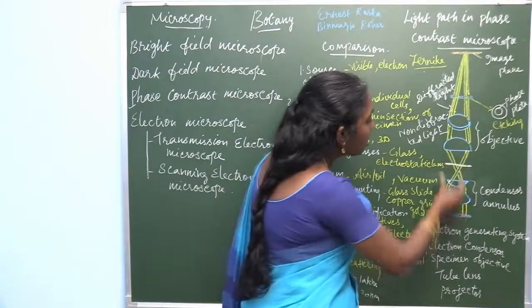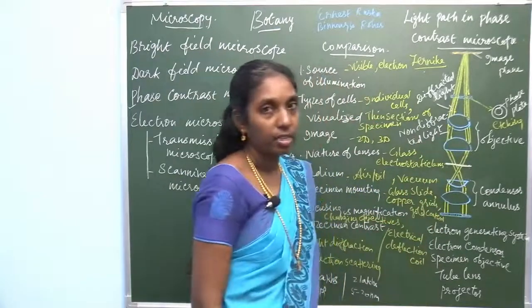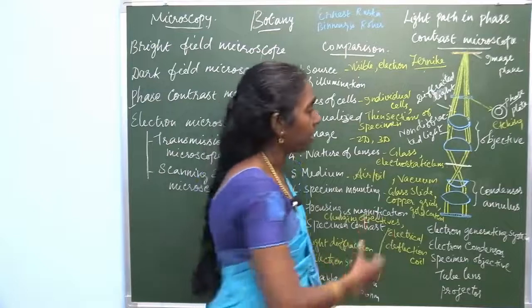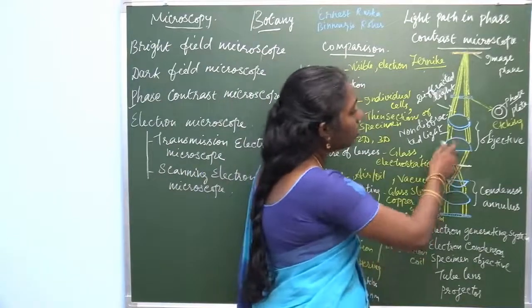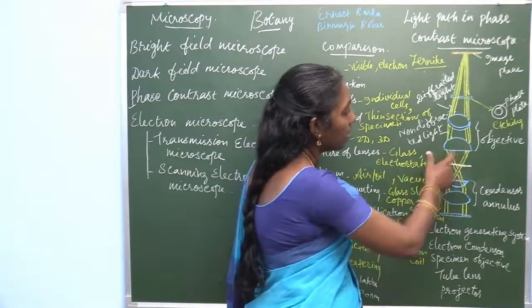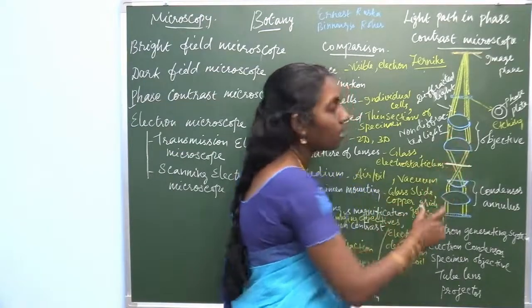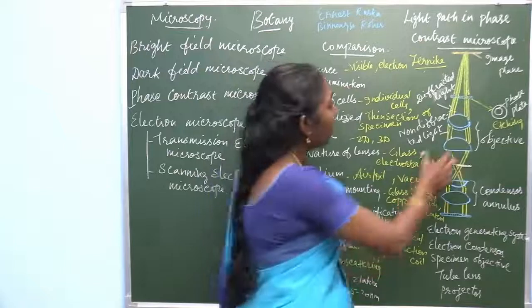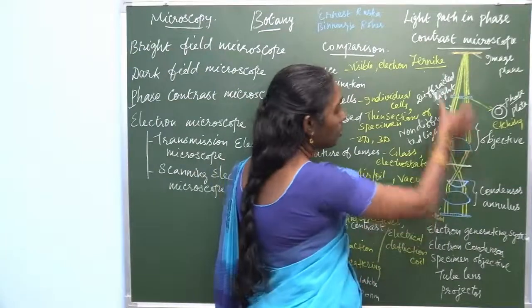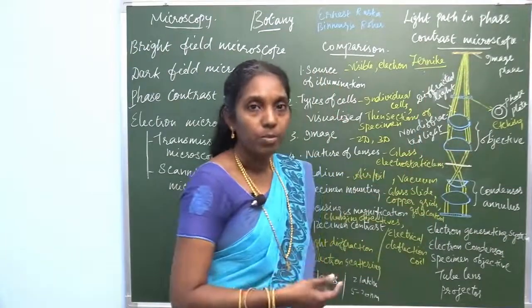So light is passing through, which is amplified light waves. When it passes through the condenser, here there is a condenser. The objective is present here. So there is a cone of light passing from the specimen.